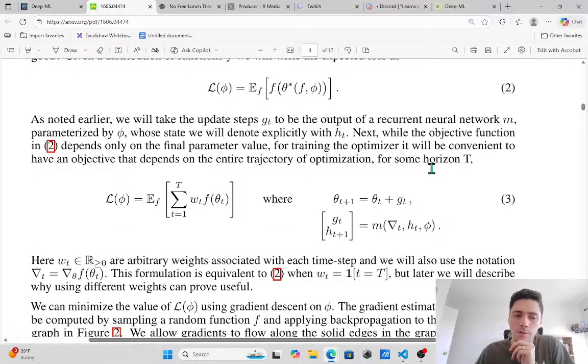So they're saying, here it's just the expectation for one loss, and here they're like, okay, let's see how much each optimization step moved the loss, so we're going to unwind the entire process. And t is arbitrary, so it can be 10, 100, whatever it is.